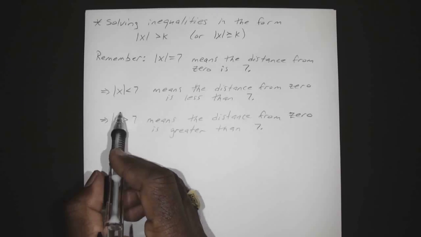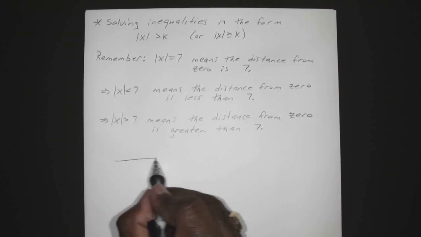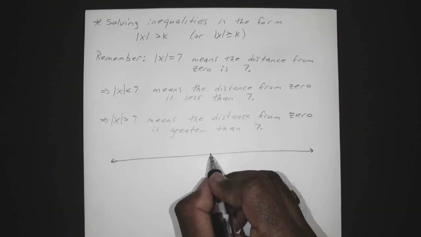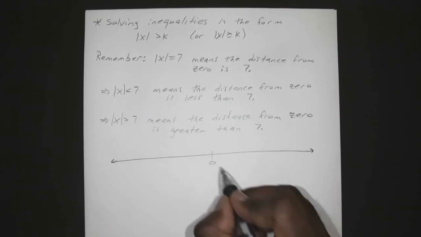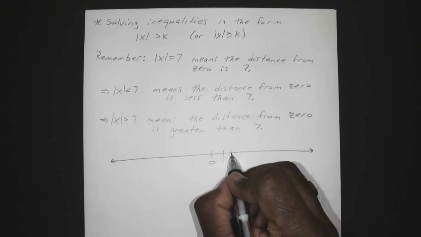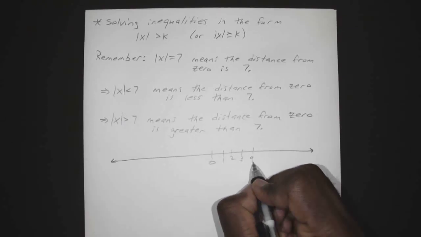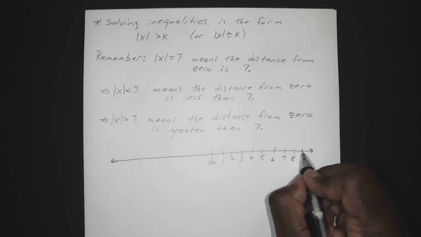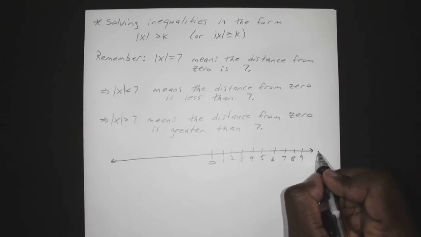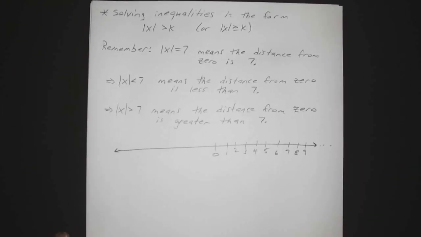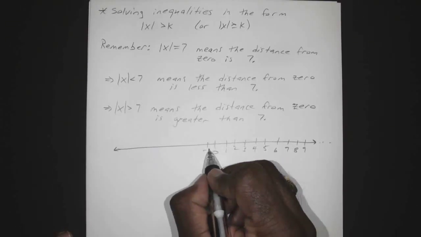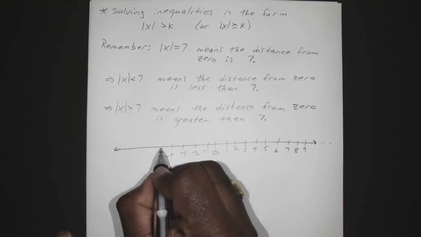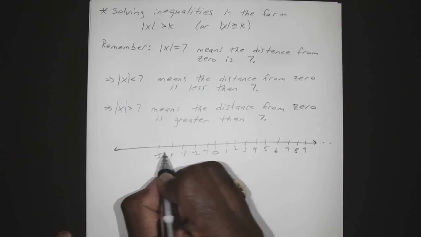All right, so if we got this one and we decide to explain it on a number line. Okay, so we have 0 here. 1, 2, 3, 4, 5, 6, 7, 8, 9, all the way to infinity. Keeps on going. Same thing with negative: -1, -2, -3, -4, -5.